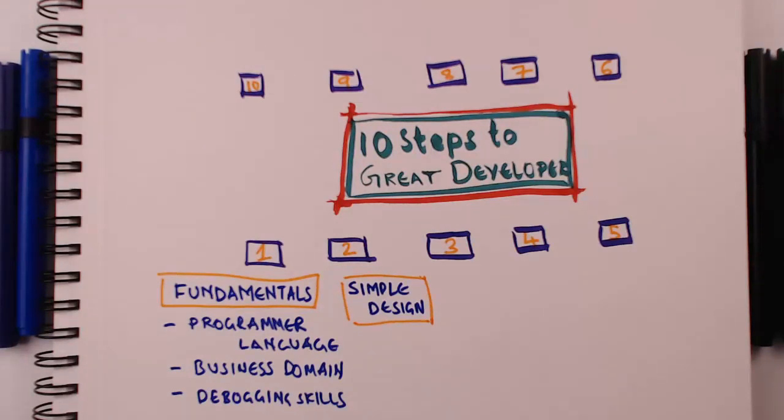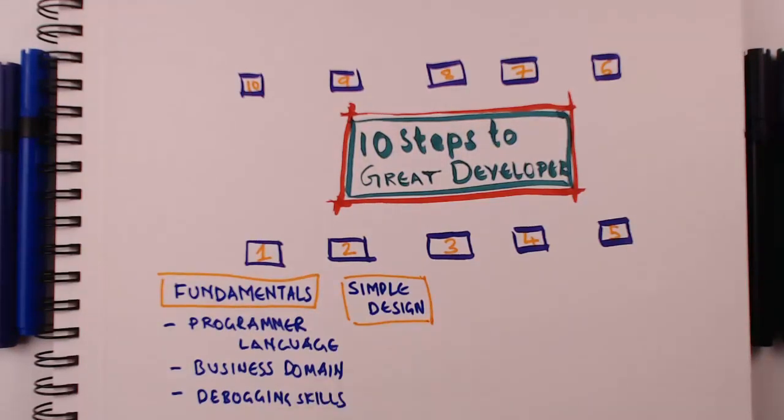Code is written once, but it's maintained for a lifetime. A typical developer spends 20 to 30% of his time in writing code, maybe even lesser, and 70% of the time in maintaining it. So in reading code. So it's very essential that your design is simple and your code is very easy to read.